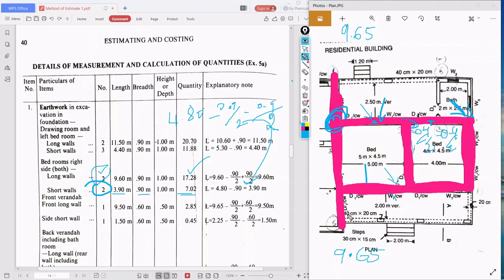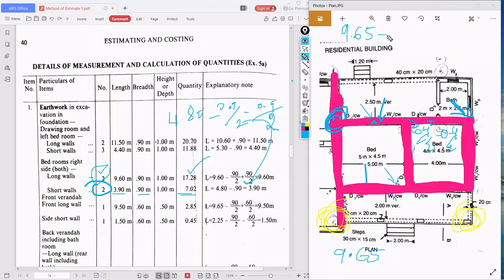Here a 30 centimeter wall is there, here a 20 centimeter wall is there. For the 30 centimeter wall the section is different, for the 20 centimeter wall the section is different. Here it has already been done. So in the long wall there is no necessity for consideration as in the bedroom.